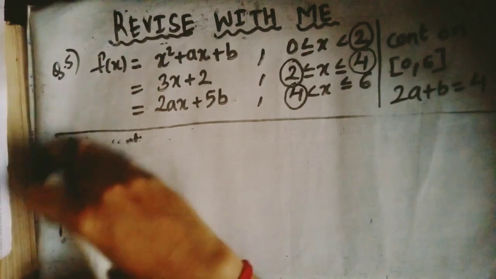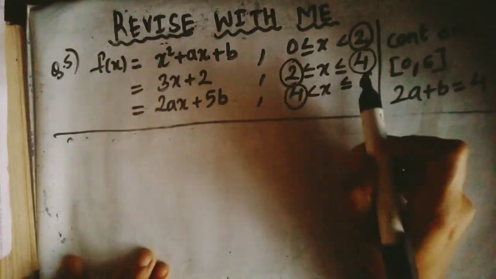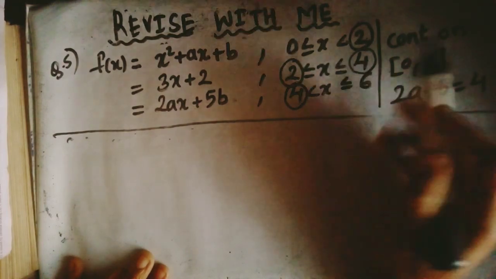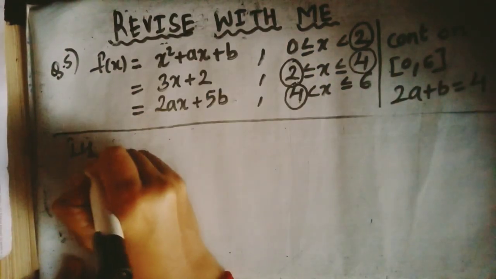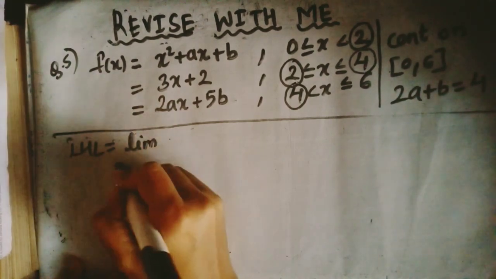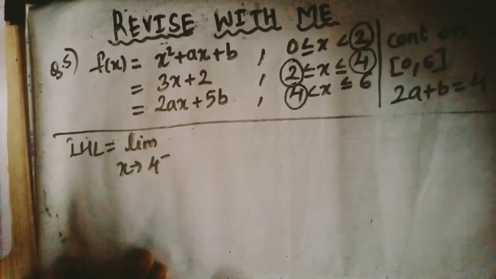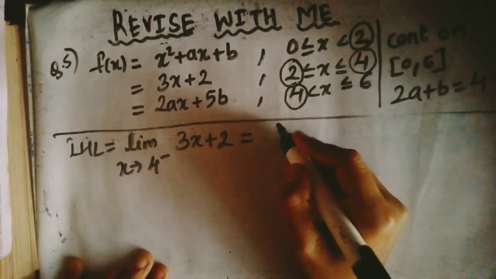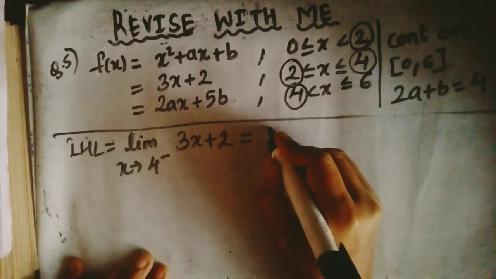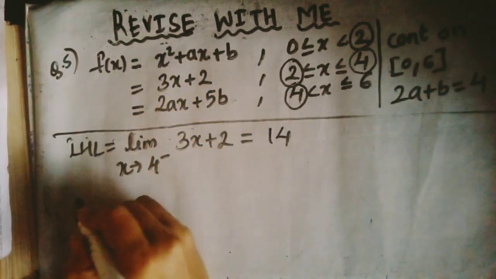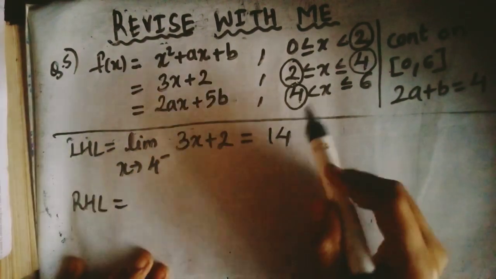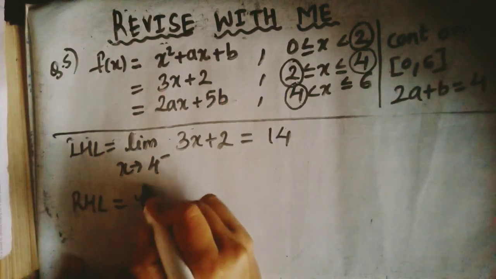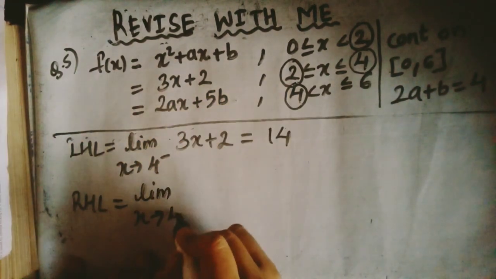Now you have to go for continuity at 4. Now this is less than or equal to 4. So for less, LHL, limit as x tending to 4 minus, you have to consider this function 3x plus 2. So 3 fours are 12, 12 plus 2, 14. For the right hand limit, you have to consider the x which is greater than 4.